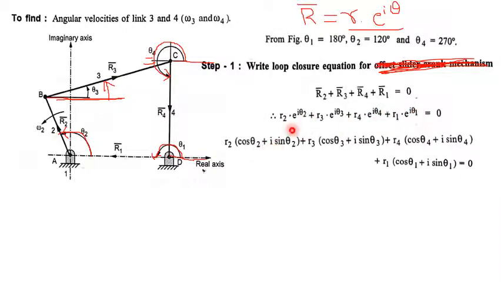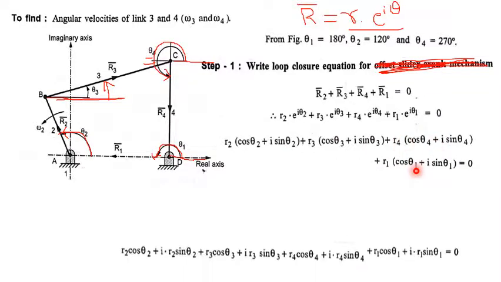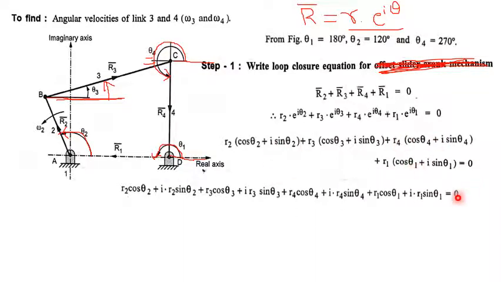So we represent them using Euler's formula: cos theta 2 plus i sin theta 2, cos theta 3 plus i sin theta 3, cos theta 4 plus i sin theta 4, and cos theta 1 plus i sin theta 1. Now we multiply by R2, R3, R4 and R1 and expand the equation.